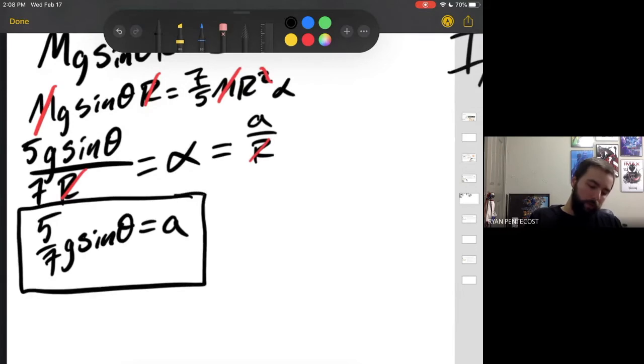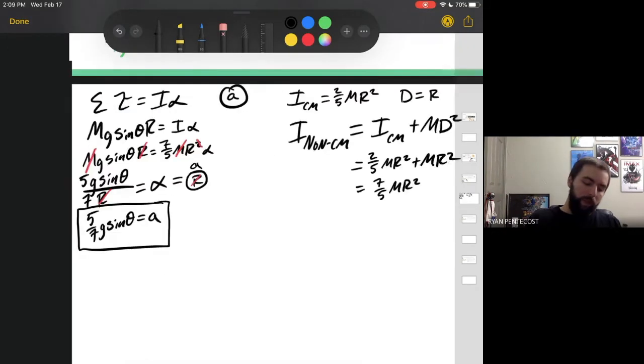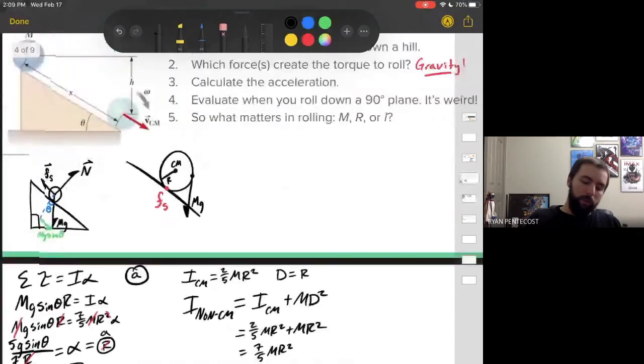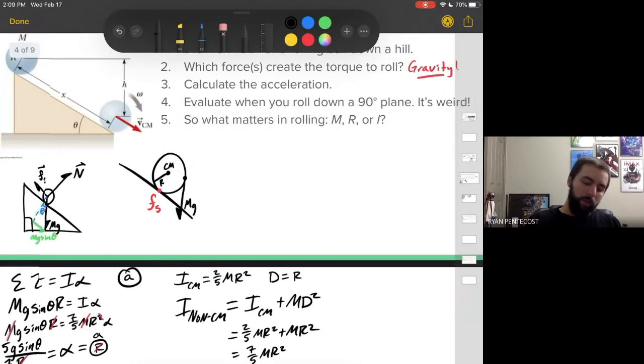Okay. So what we did is we multiplied this r here to the other side and canceled it with the radius that was in the denominator to solve for our linear acceleration. So we get 5/7 g sine theta. Okay, that is the acceleration, part 3.